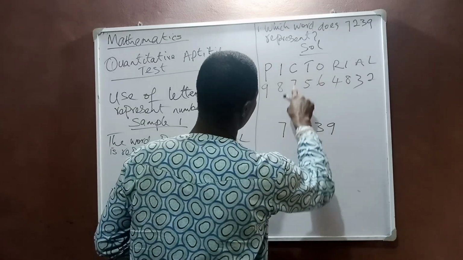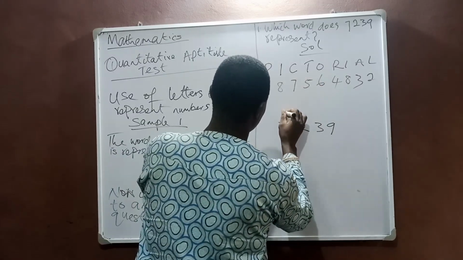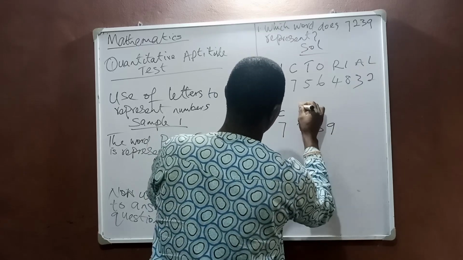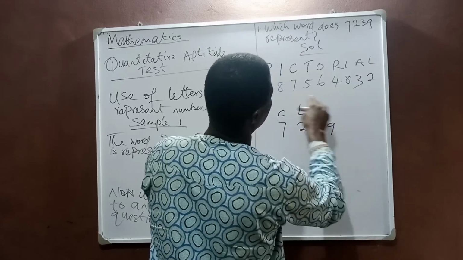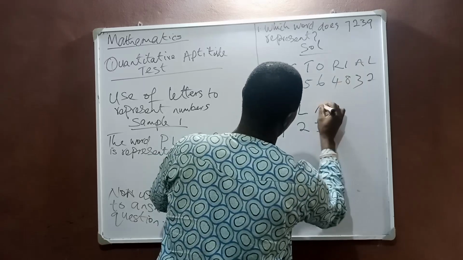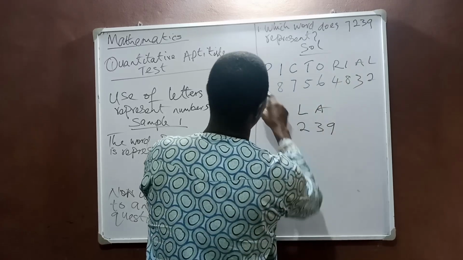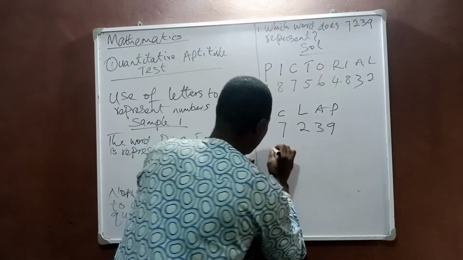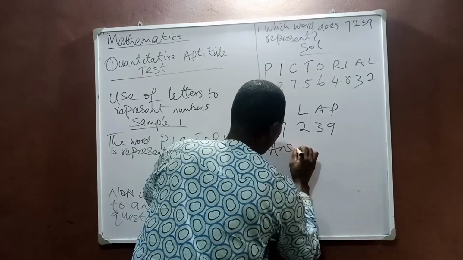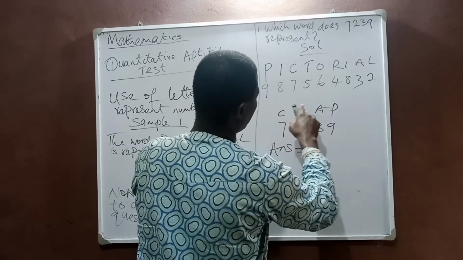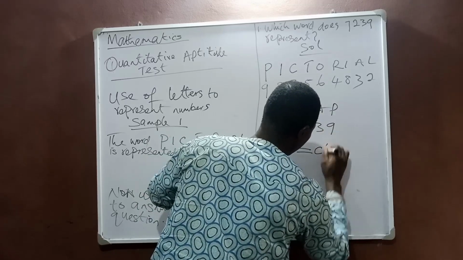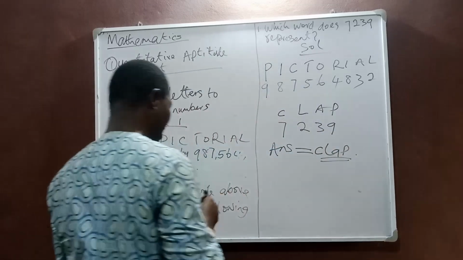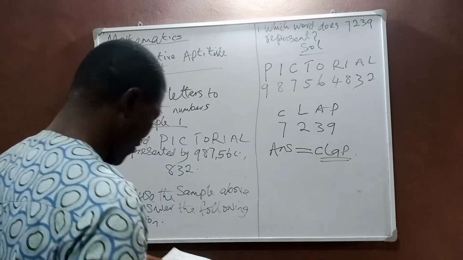This is 7. 7 stands for C. 2 stands for L. 3 stands for A. And 9 stands for P. So when you put the letters together, the answer equals CLAP, clap. This is the answer to the question.